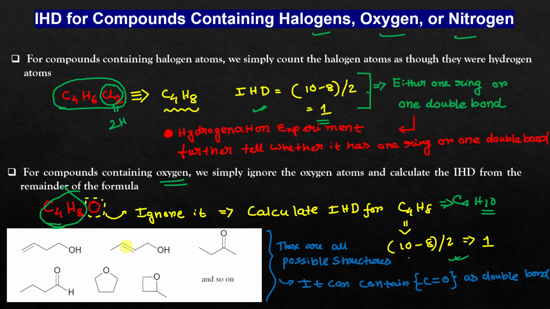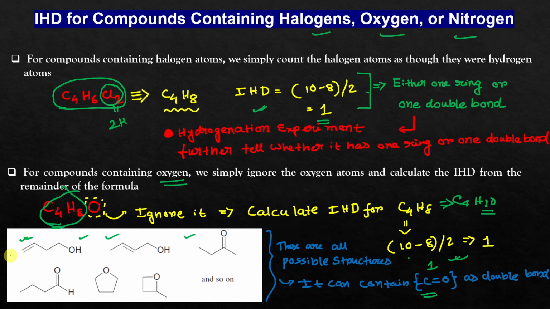Now you can see that there are various structural possibilities for this compound, as this compound could also contain a C double bond O. This C double bond O could also contribute an IHD of 1 for this compound. So that's why this compound has various possibilities. Suppose it may be an alcohol with a double bond.